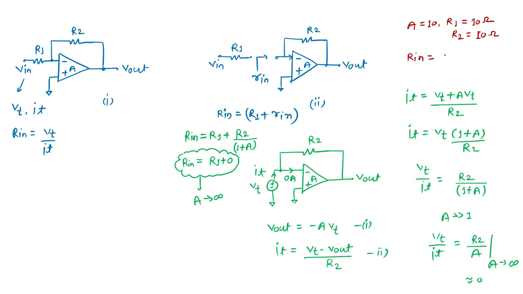Input impedance is nothing but R1 plus R2 by 1 plus A. So it comes to be nearly 10.09 something. It is not directly equal to 10. So when the case is like that, we cannot directly say that R1 is the only input impedance for the structure. Rather, there is some additional term, which is nothing but R2 by 1 plus A.